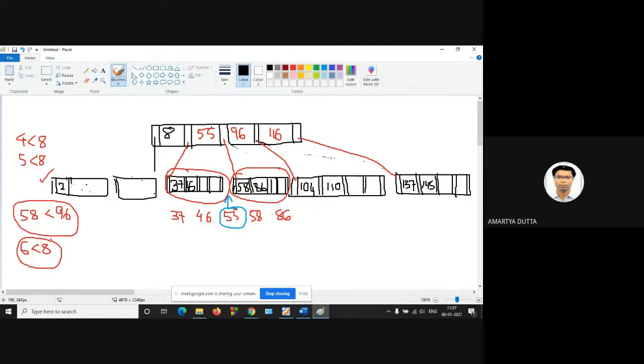Next, 2, 4, 5, 6, 7. So 5 will move up, and this will be 6 and 7. Okay.